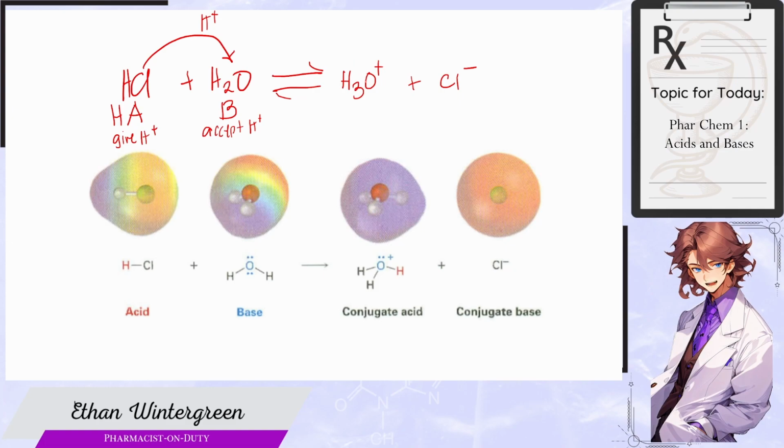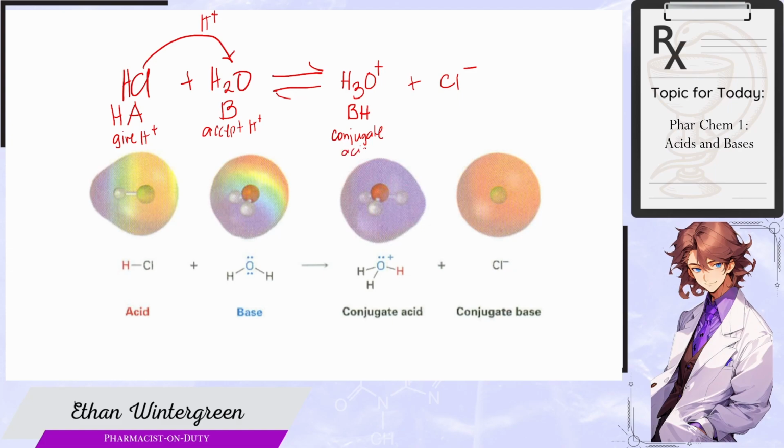A base that has accepted the hydrogen ion is called your conjugate acid. It is notated as BH. A base with a hydrogen ion acceptance, that is your conjugate acid.